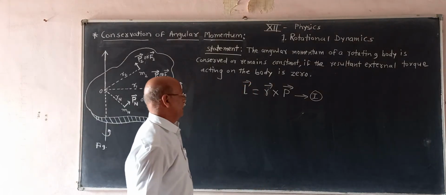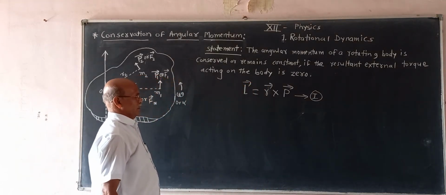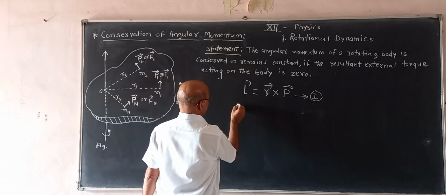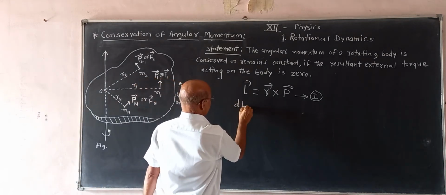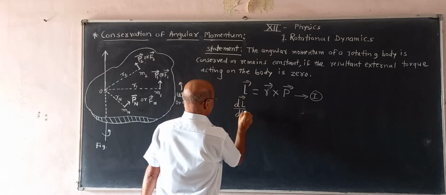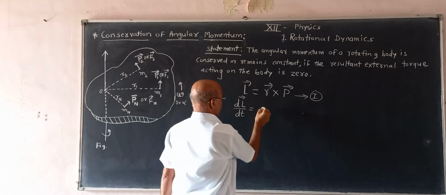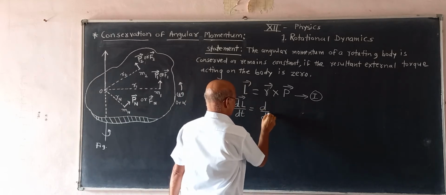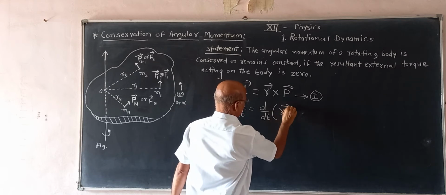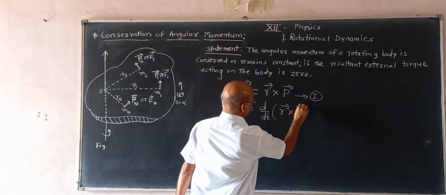Now differentiating equation 1 with respect to time on both sides, we can write dL vector by dt equal to d by dt of vector r cross vector p.